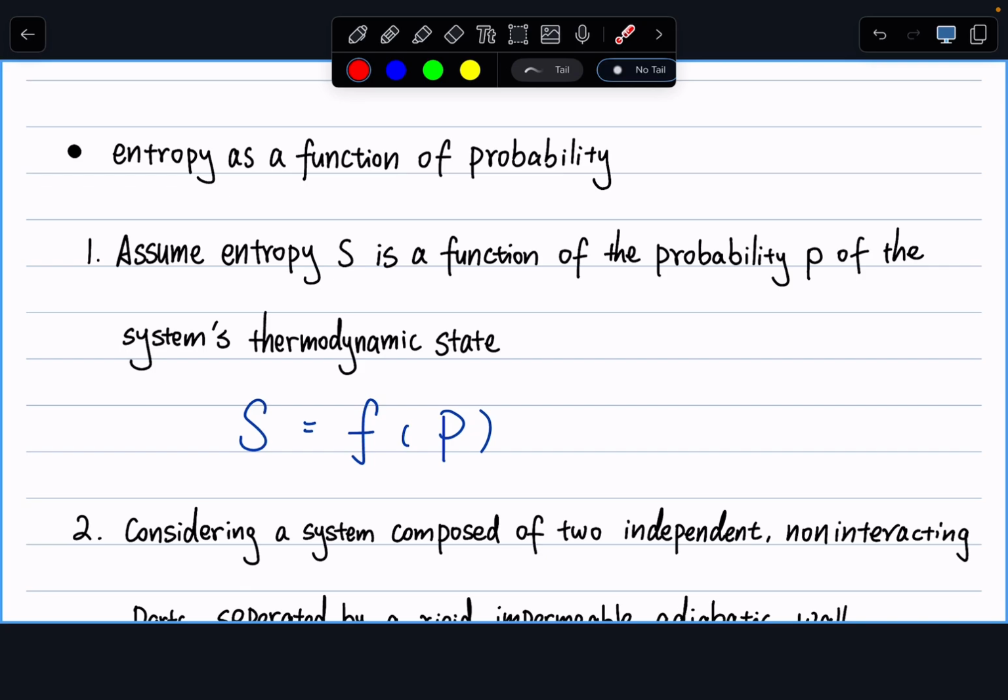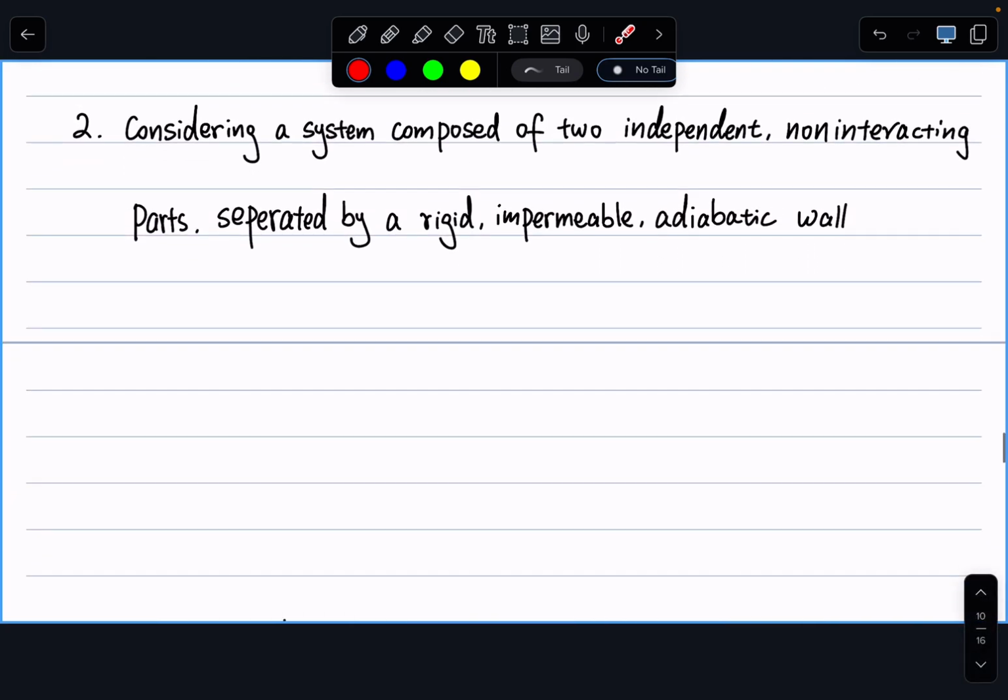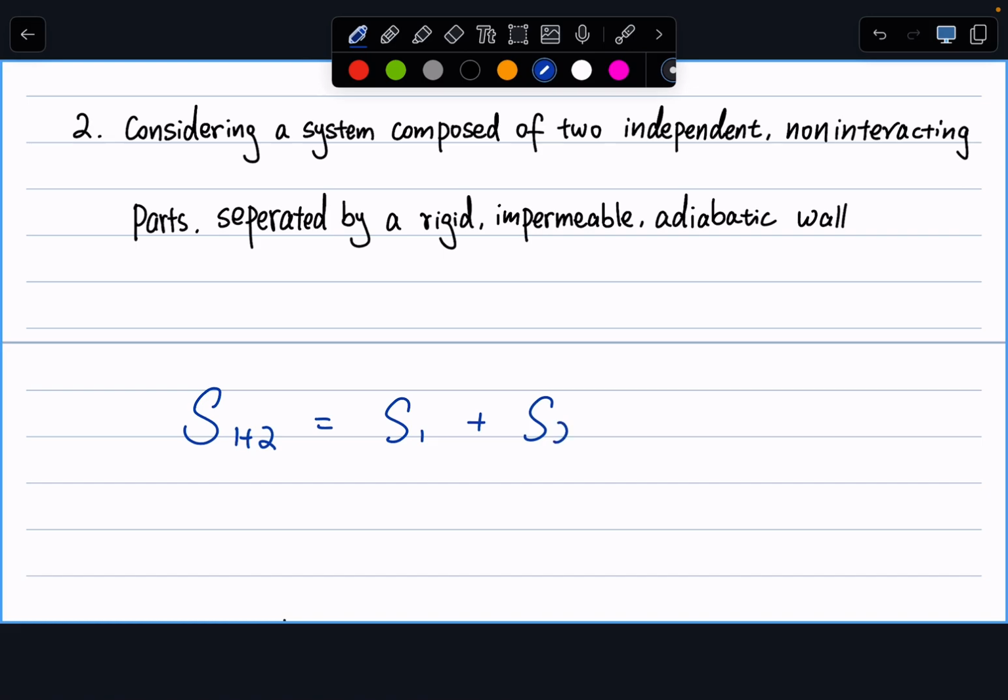So considering our system, remember we're talking about mixing of two ideal gases in separated chambers. So we can think about our total entropy, or S of the entire system 1 plus 2, equals S1 plus S2.